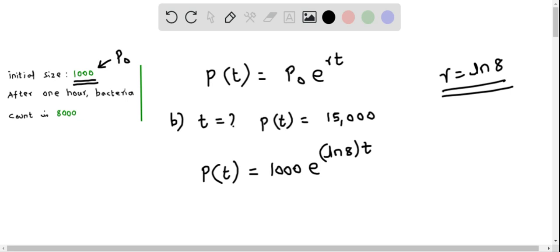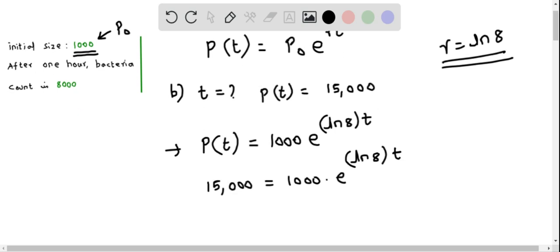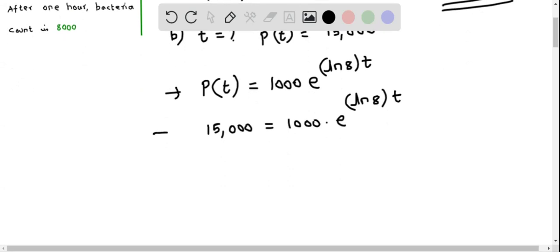And now we are going to plug in P of t equal to 15,000 into this population function. So therefore this becomes 15,000, and this equals 1000 times e raised to the power of natural logarithm of 8 times t. And so we have to determine the corresponding t by solving this equation. First I divide both sides by 1000.